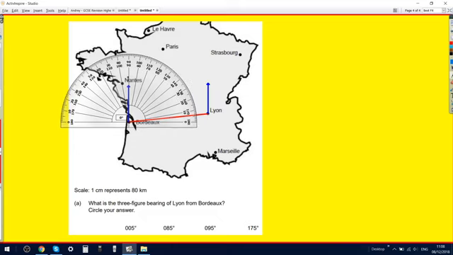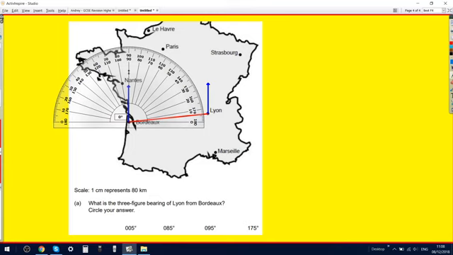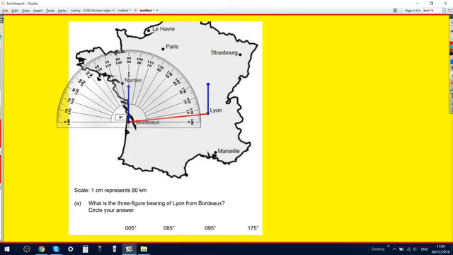Yeah. And so what angle is the red line? It's near enough 5, I think. Actually, no, sorry, 175.